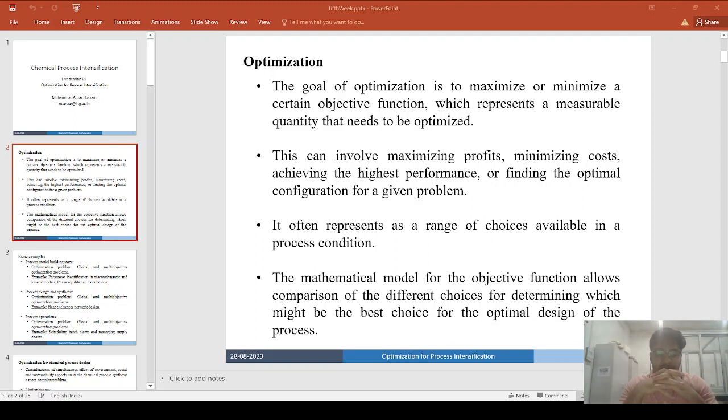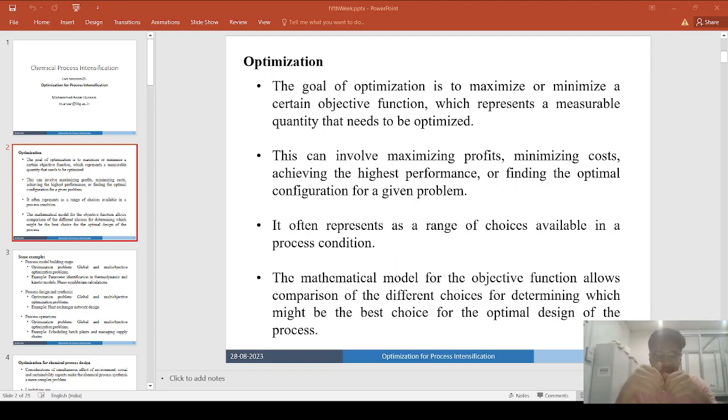The mathematical model for the objective function allows for the comparison of the different choices for determining which might be the best choice for the optimal design of the process. Once you get a certain range of choices, you can perform further optimization study to identify the most optimal choice available to you. Your target would be to hit that mark such that your plant is running in an optimal mode.